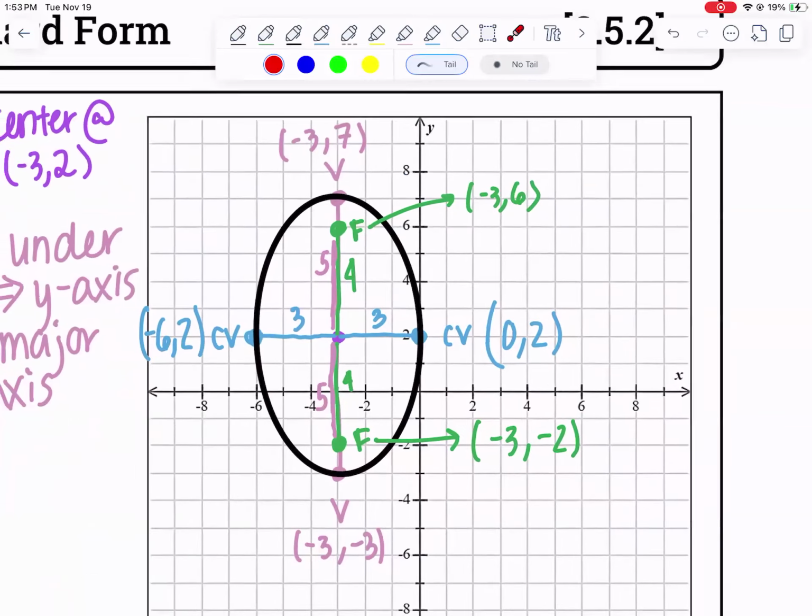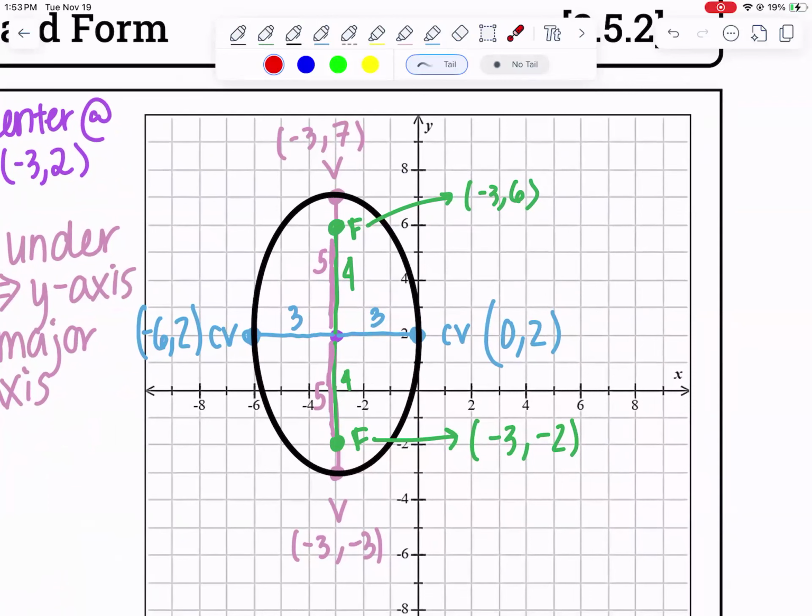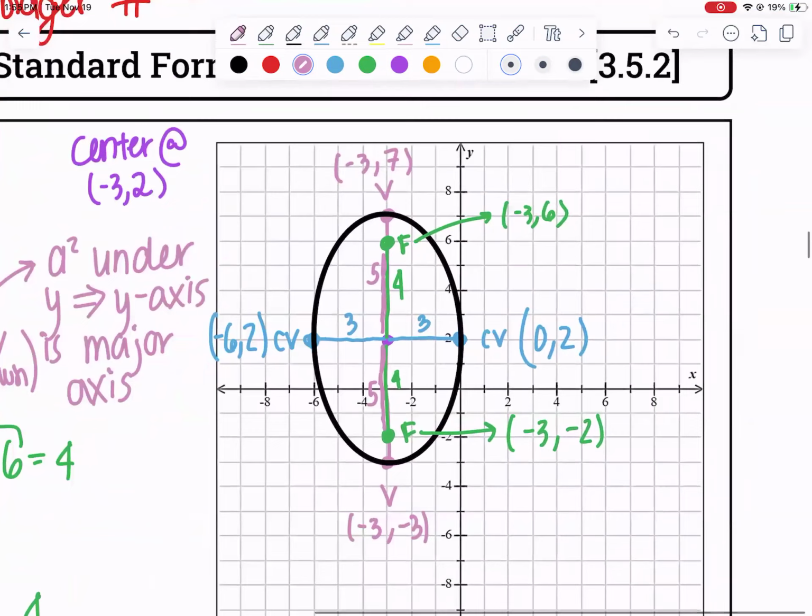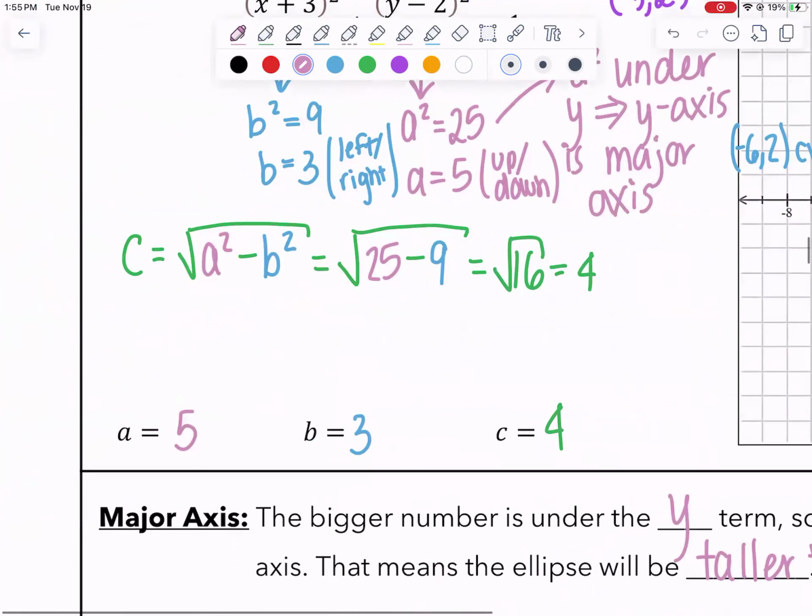I'd also like to point out the formulas to get these points here. The formula for the vertices of the tall ellipse is (h, k plus or minus a).